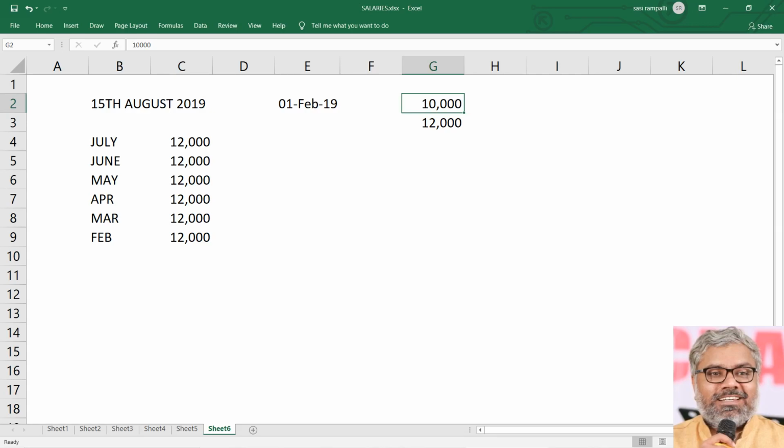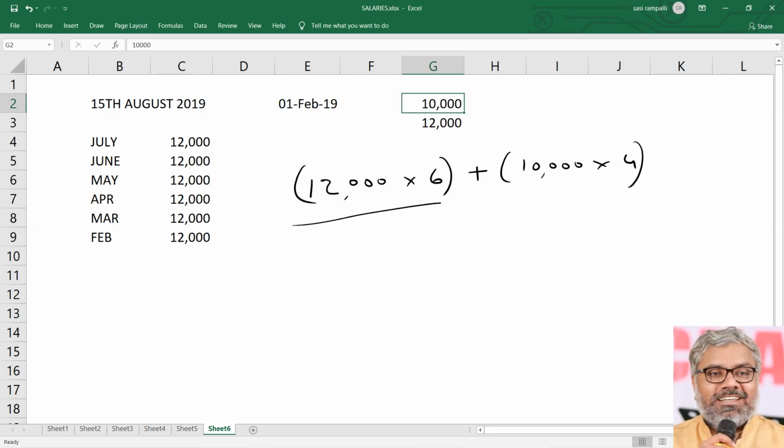So how to do this calculation here? The calculation is very simple. Let us take 12,000 rupees multiplied by 6 months, plus 10,000 rupees multiplied by 4 months, overall divided by 10. That is the average salary calculation for this purpose. And how much is that?